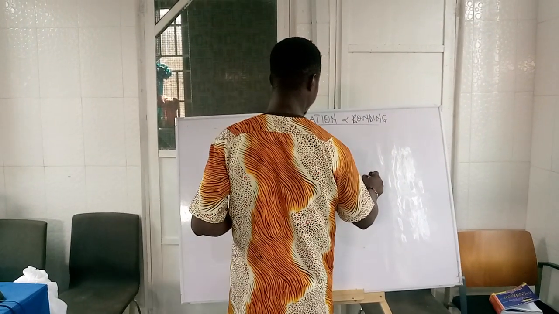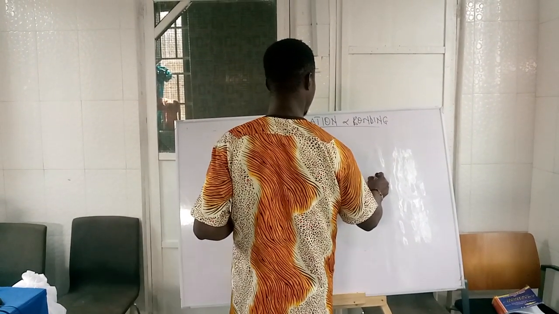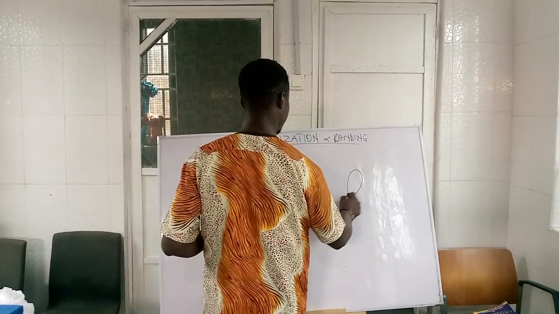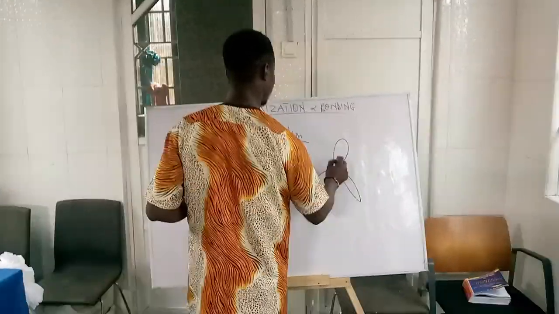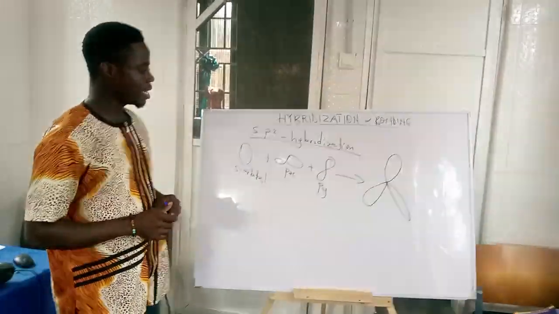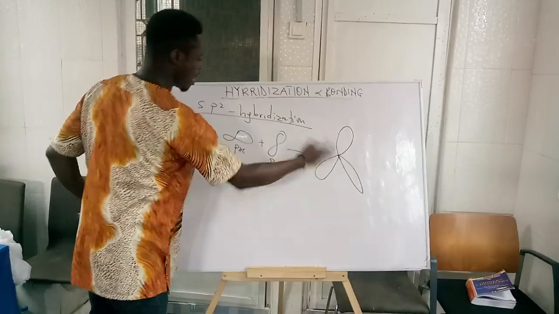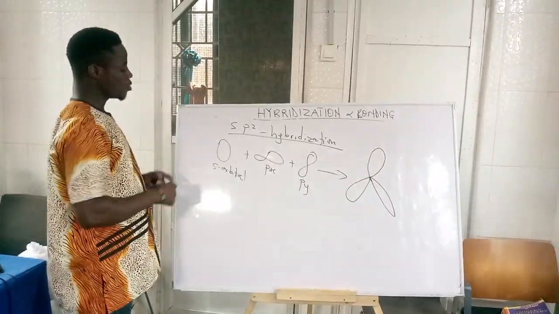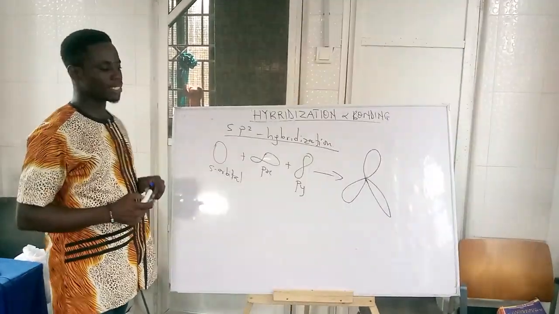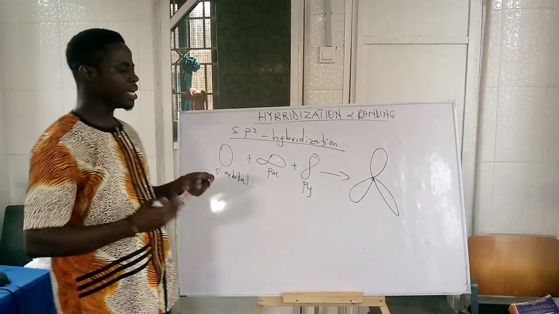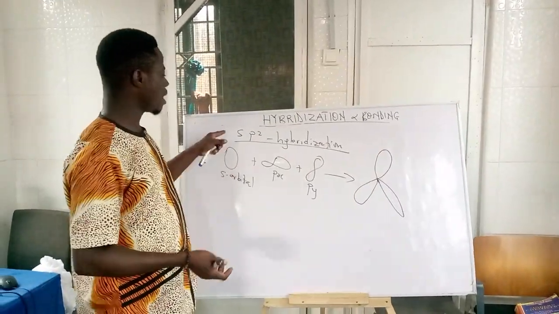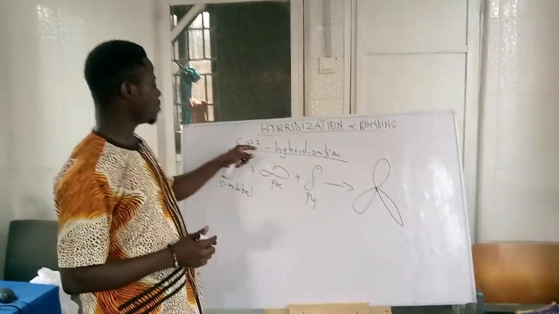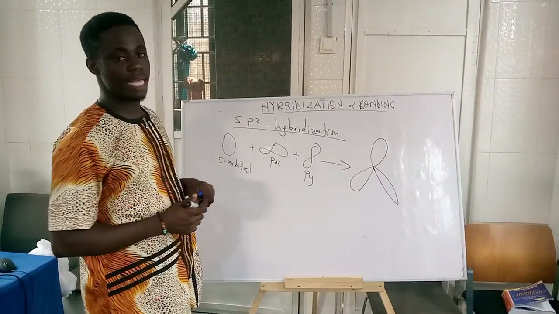So here, the hybrid orbitals will also be like this. You can see three hybrid orbitals are formed. Under sp2 hybridization, they can ask you how many hybrid orbitals are formed after hybridization undergoes sp2.